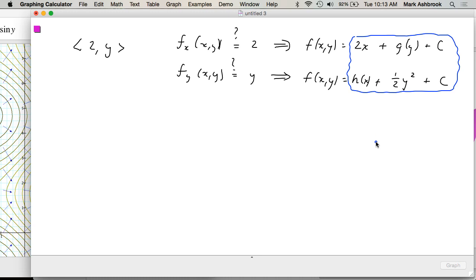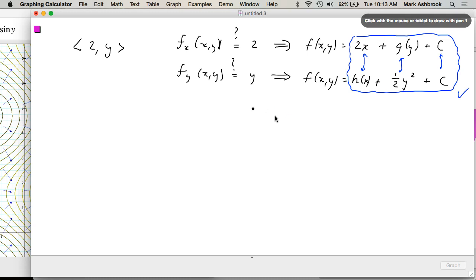And if we can resolve them into one f that agrees with both of them, then that was a gradient field, and we've got the potential function. So can we resolve those two to be the same function f? Here, our 2x is the h of x. Our g of y is the 1/2 y squared, and then maybe there's some constant. So it looks good.